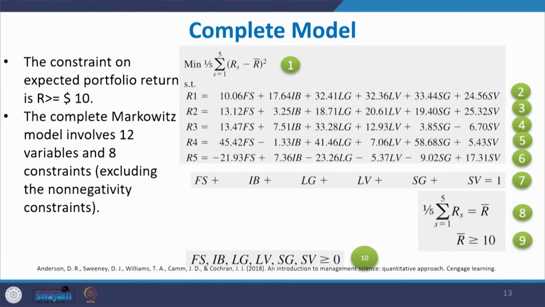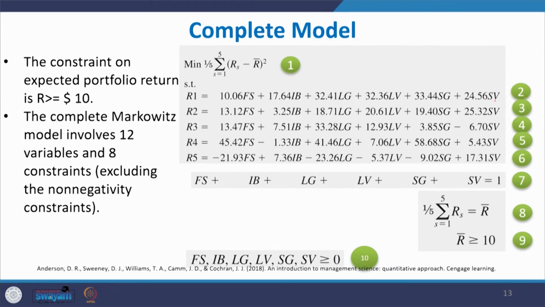You see there are 10 equations. Equation 1 represents the objective function, and 2 represents scenario 1, 10.06 Fs, this is portfolio 1, IB, LG, LV, SG, SV.